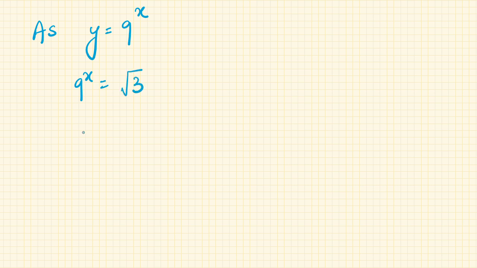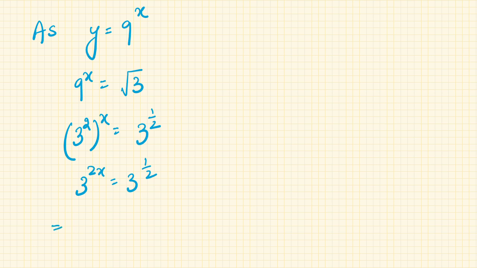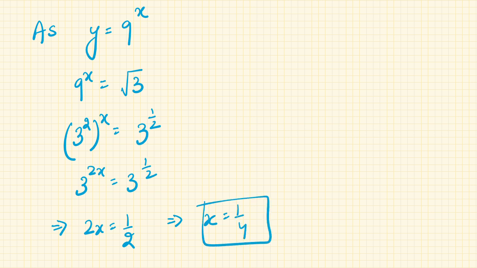So continuing, as y is equal to 9^x, in the first one it becomes 3^(2x) equals 3^(1/2). 3^(2x) is equal to 3^(1/2). It implies, comparing only the exponents, 2x equals 1/2. This implies x is equal to 1/4. Good. Okay, next one.